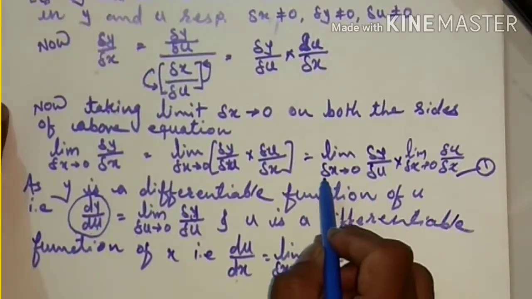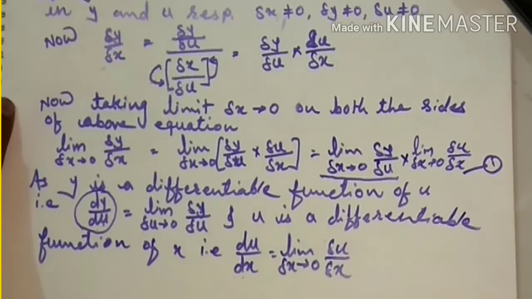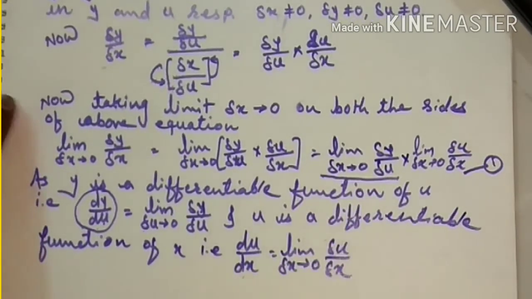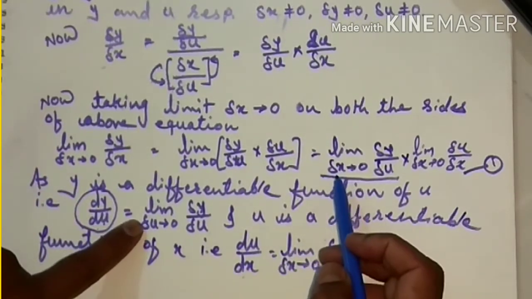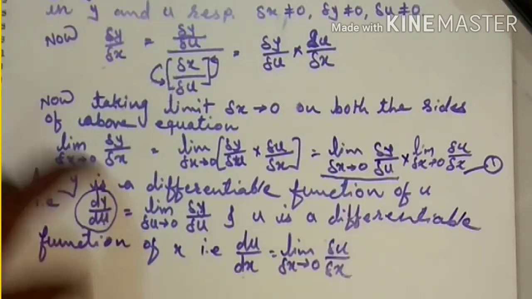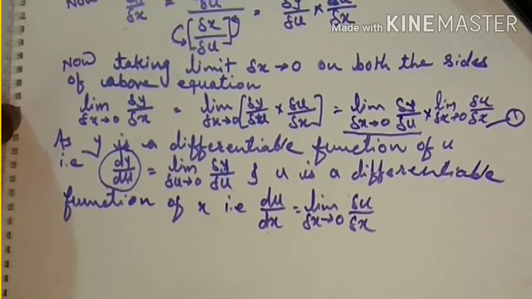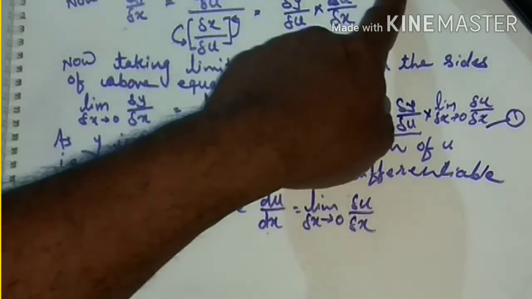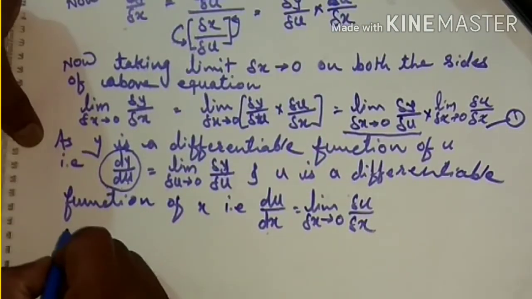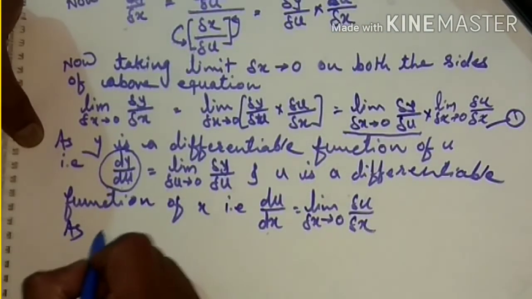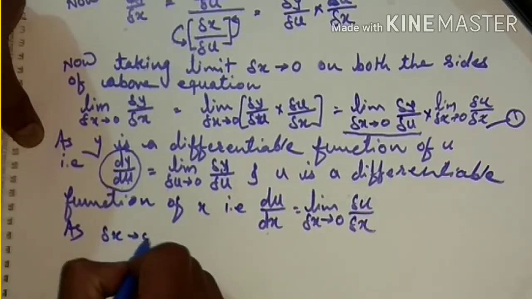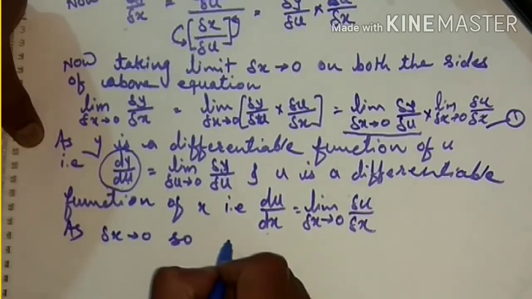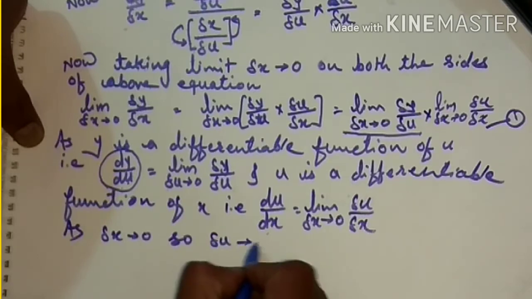In this step we need delta u, but what has come here is delta x. So we have to adjust delta x by delta u. We know delta x, delta y and delta u are not 0, but as delta x tends to 0, delta u will also tend to 0.